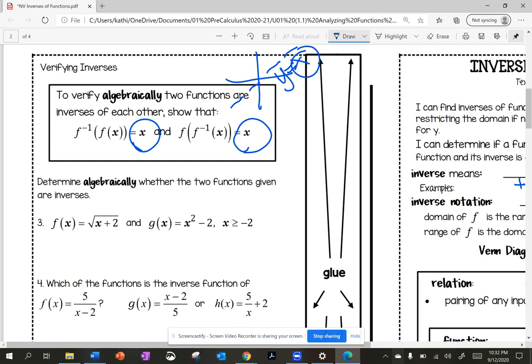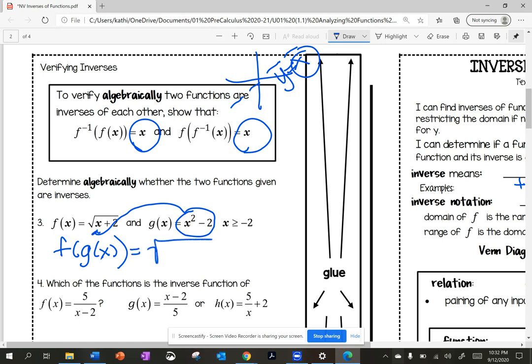Okay, so determine algebraically whether the two functions are inverses. So I can take the inverse or the function first. So I'm going to say f of g of x. So g is the inner function. So I'm going to take the inner function and put that where my variable is.